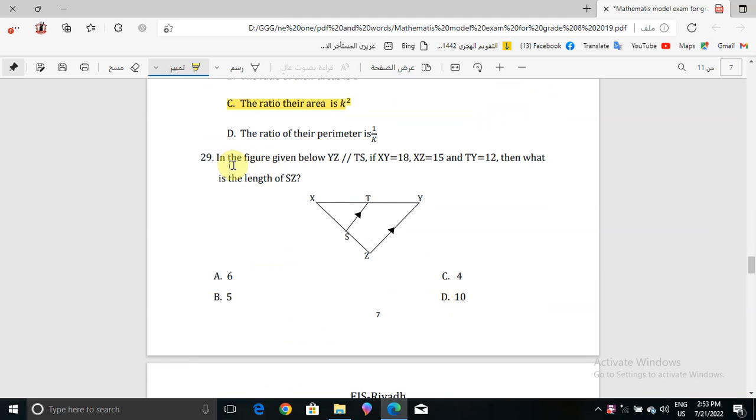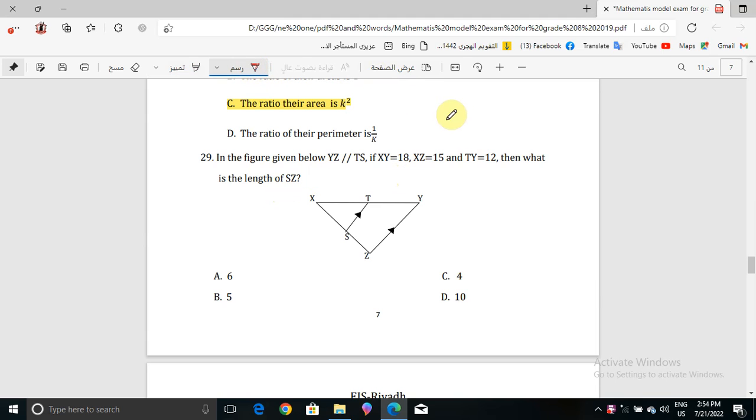Now question number 29. What we have in the figure given below, if XY is equal to 18 and XZ is equal to 15 and TY is equal to 12, then what is the length of SZ?